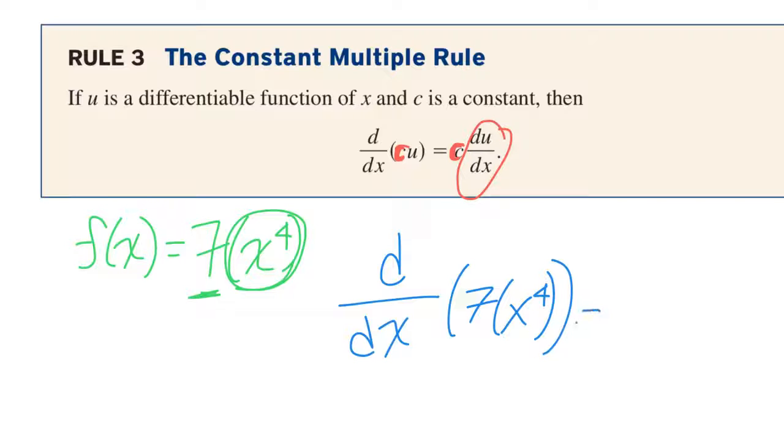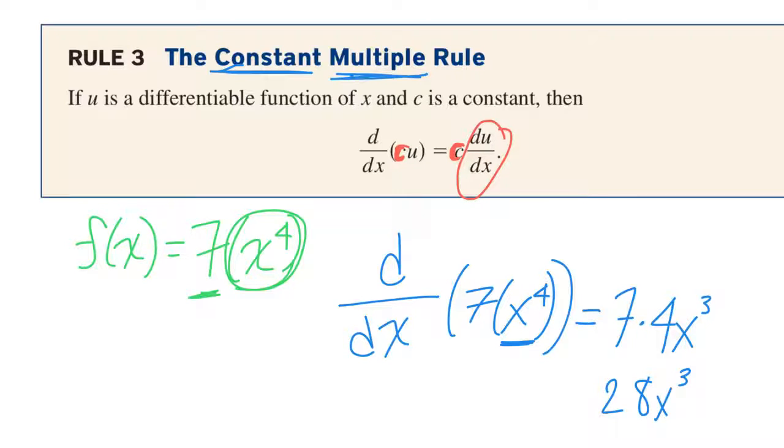This is equal to 7 times the derivative of x to the 4th, which is 4x to the 3rd, or this whole entire thing can be written as 28x to the 3rd. Just looking at this name, the constant multiple rule gives us a clue about the rule. It means that you have a function, usually some form of one of our parent functions, and it's being multiplied by a constant, which is just any number.